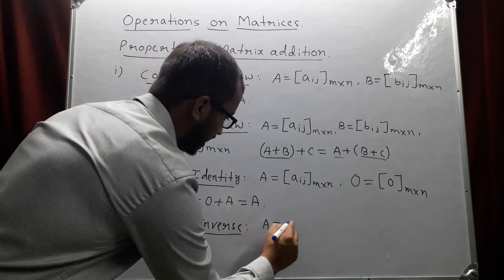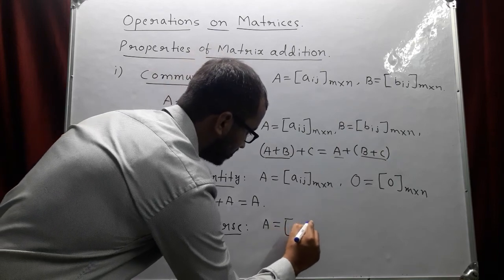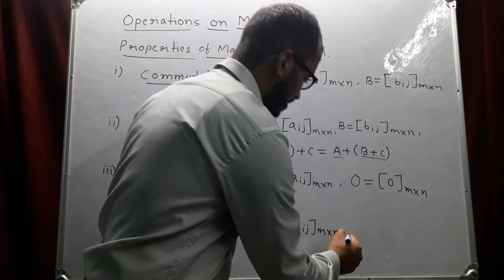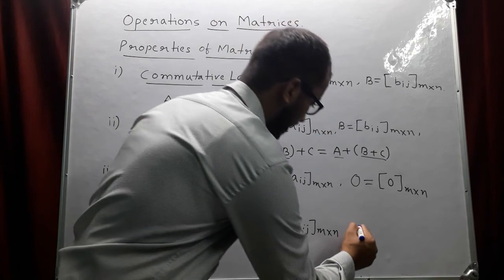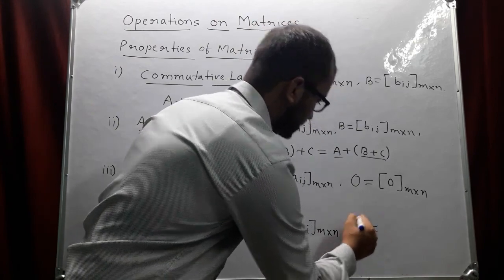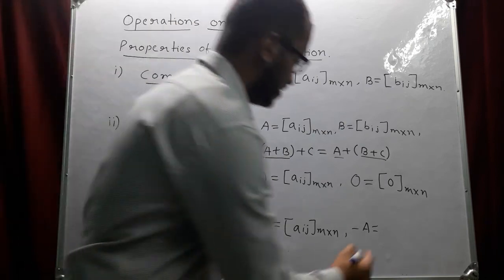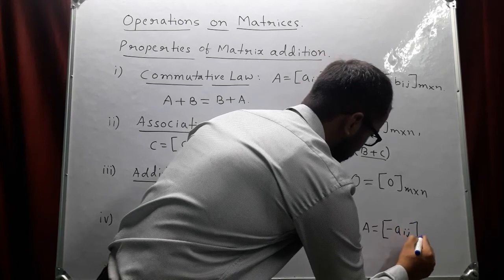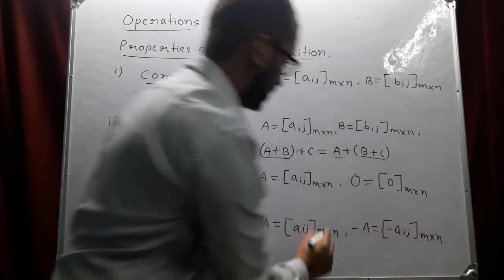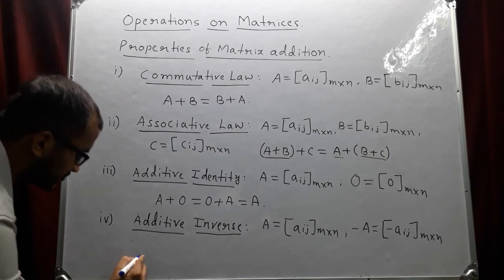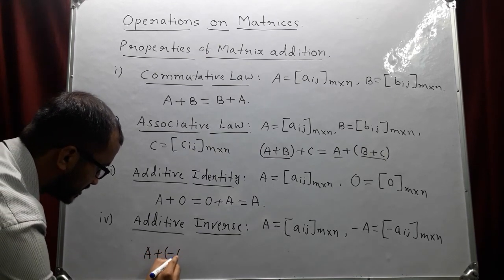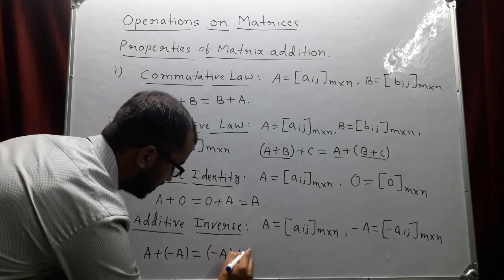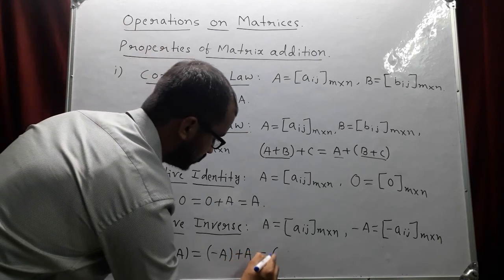Consider the matrix A of the order m by n. Then there exists a matrix minus A. Minus A means negative of the matrix A. We can write its element by minus Aij, so of the same order as that of A, such that A plus minus A is equal to minus A plus A, which is equal to 0.